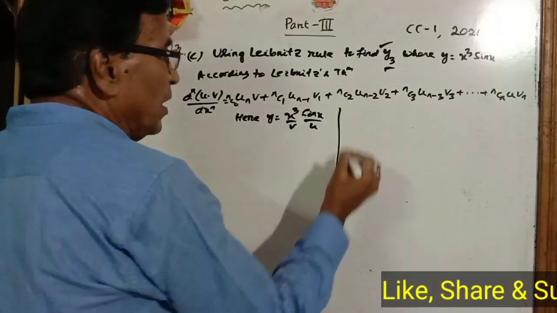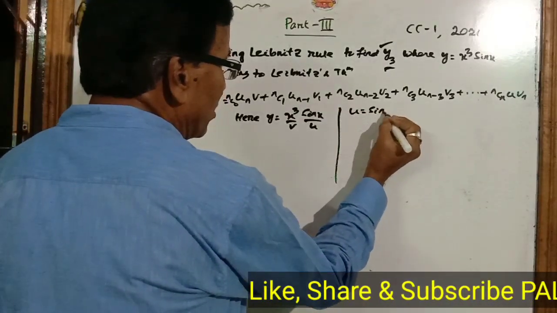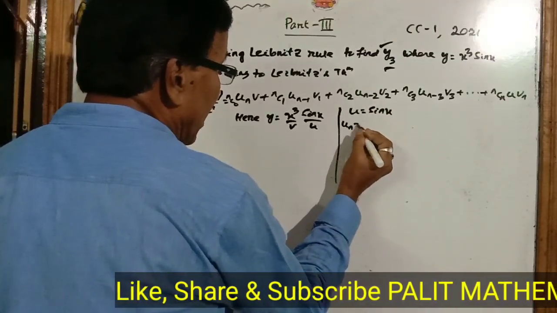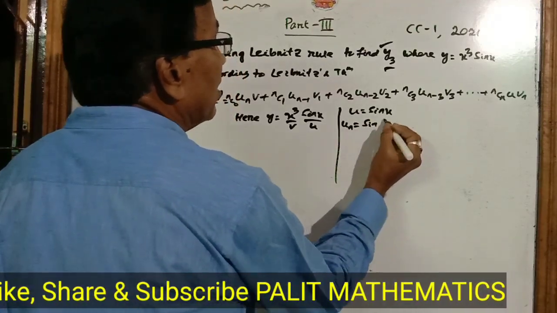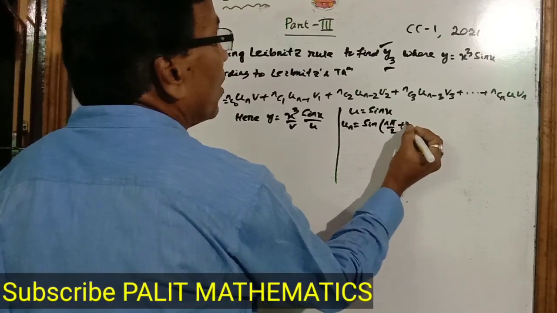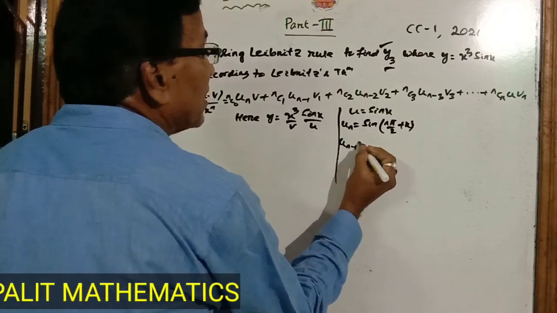Now u is equal to sin x. So what is the value of u subscript n? We know that nth derivative of sin x is equal to sin of n pi by 2 plus x. What is the n minus 1th derivative of sin x?